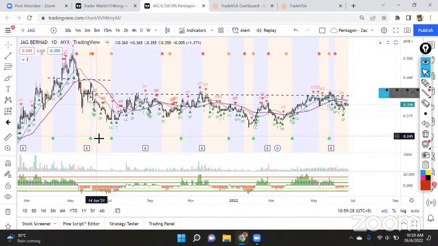So you'll know how to apply it. In the stock market we never know, but at least you know the areas you want to watch out for by applying support resistance.